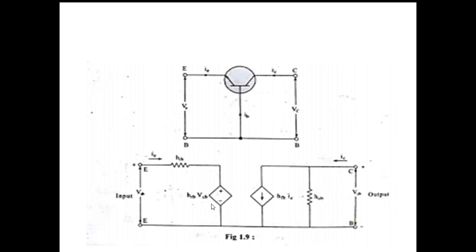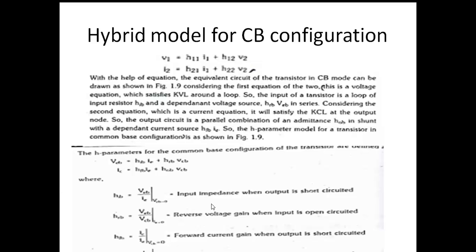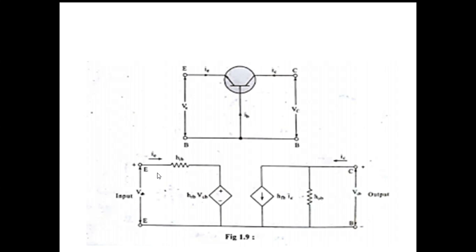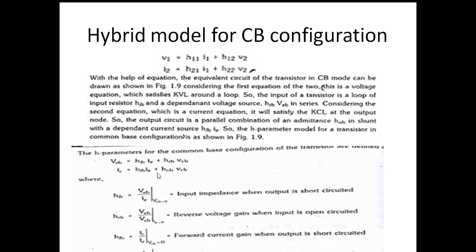Similarly, the second equation: the output current IC is equal to the sum of two terms, which means these two must be currents. So this is a KCL equation, Kirchhoff's current law. The second equation, a current equation, satisfies KCL at the output node.